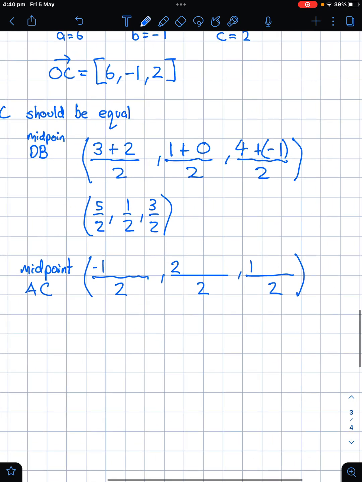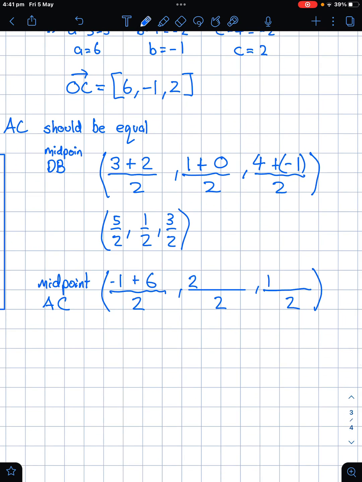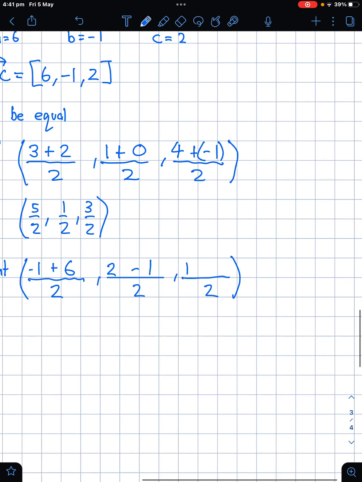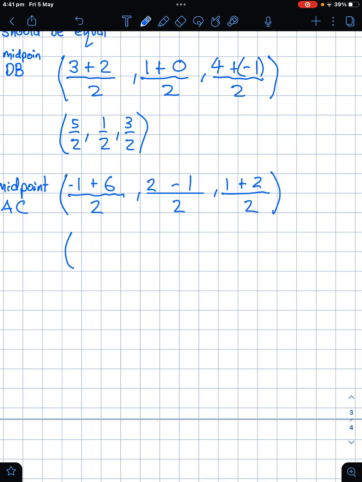And then we've got our C point, so we've got plus 6, take 1, and plus 2. And you'll notice negative 1 plus 6 is 5 on 2. 2 take 1 is 1 on 2. And 1 plus 2 on 2 is 3 on 2. And so this, let's get a better colour, big tick, because these both line up, which is perfect.